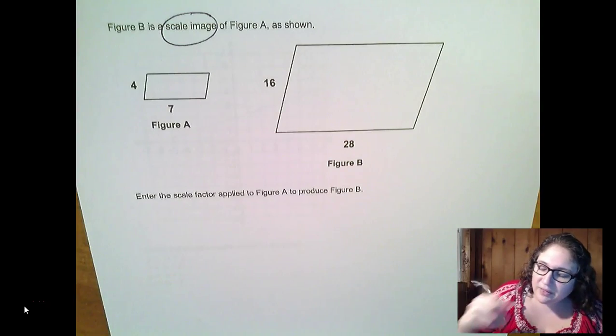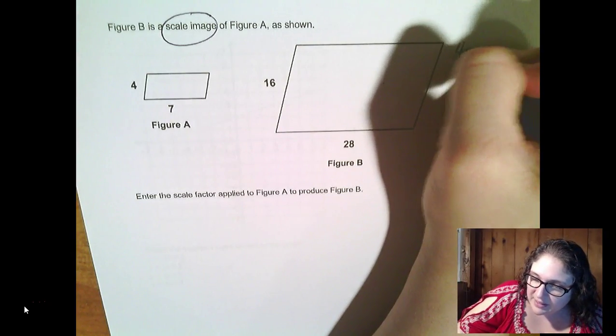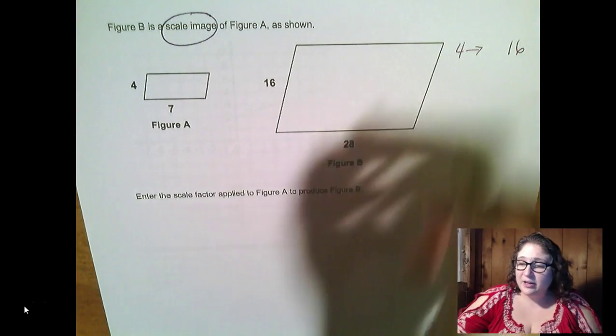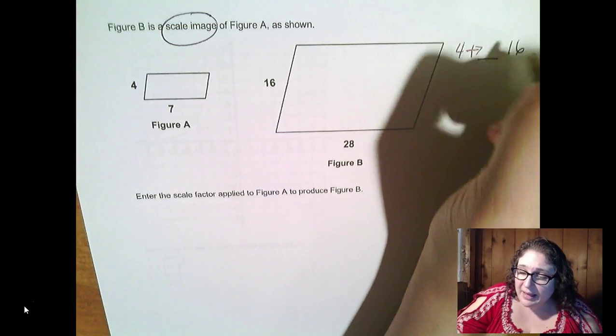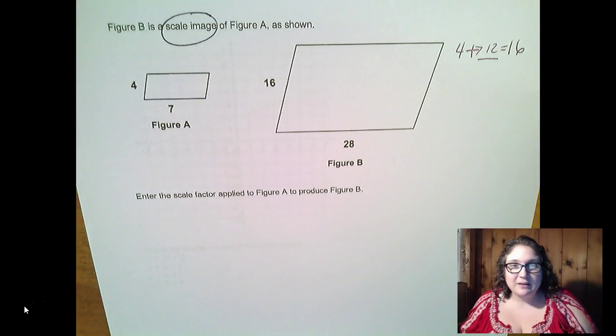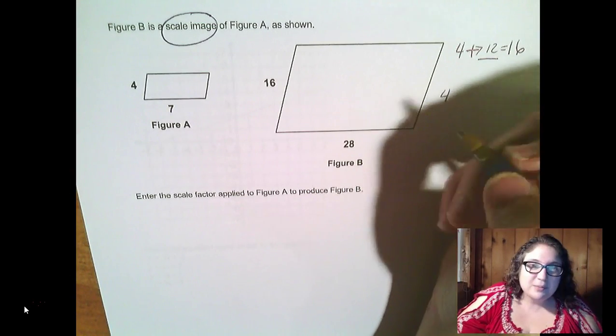So trying to think, how did I go from 4 to 16? Well, one way is I could have added 12. That's one way to get from 4 to 16. The other way, I can't really subtract anything.